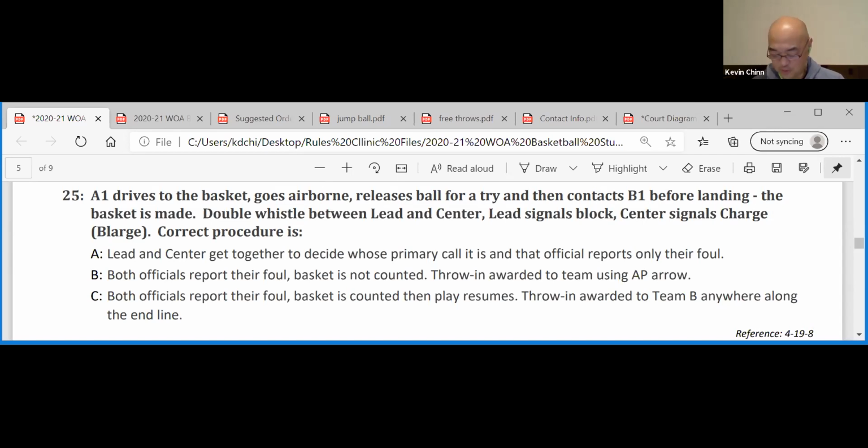Read the rules, read the case book on this one, and just try to understand visually in your head what just happened. And Stacy's more than happy to talk about it with you, maybe after the test or offline. But the key thing is it's a double personal foul. A foul by each player in the act of shooting when the ball goes in the basket.